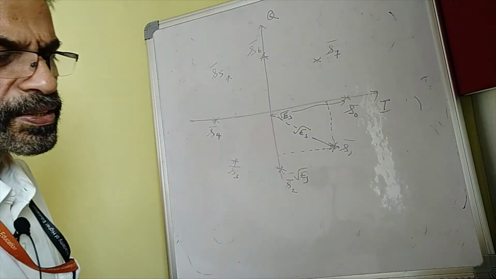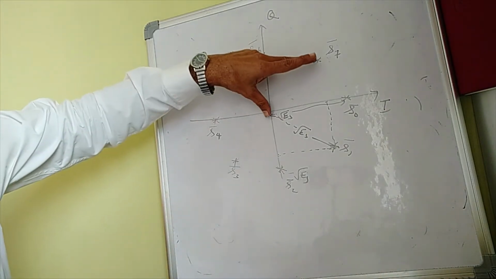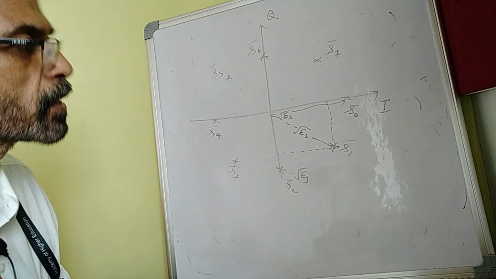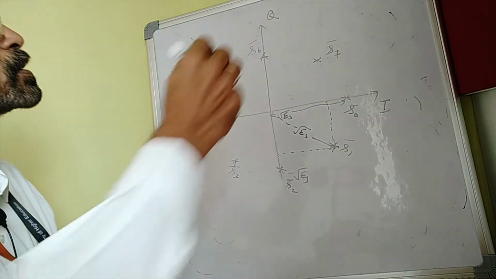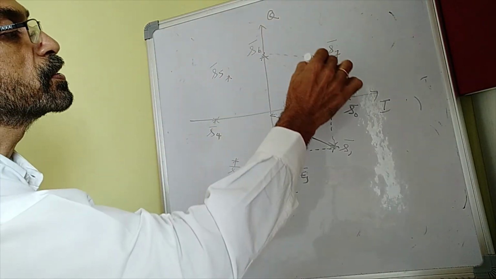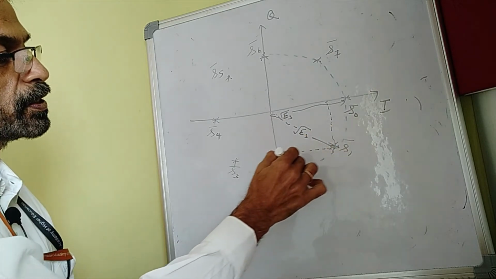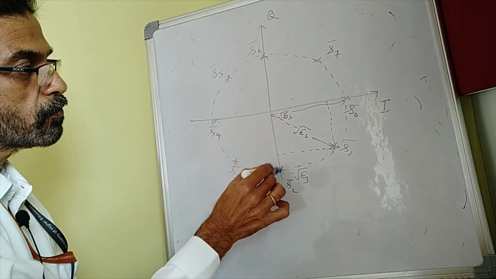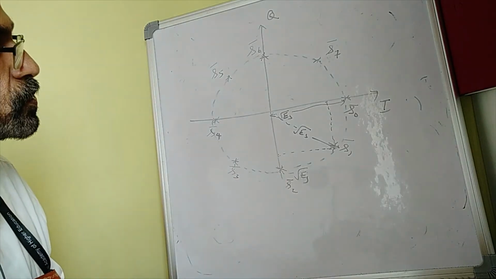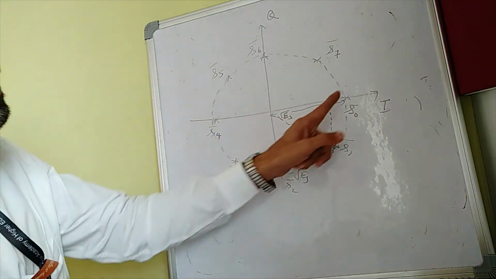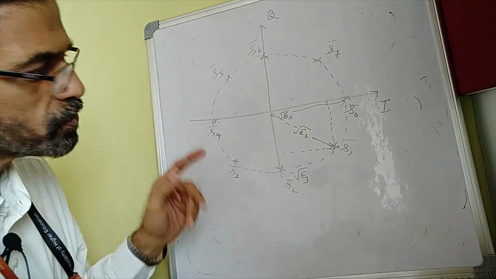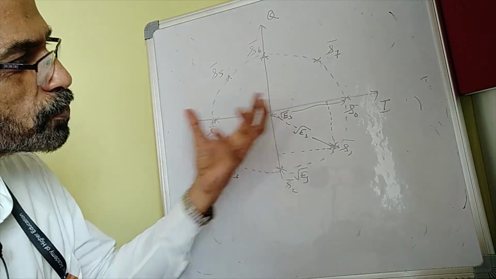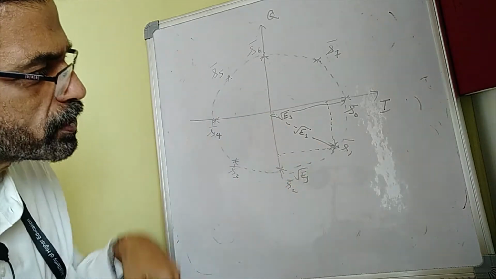And you can see that since the distance of each of the signal points from the origin is root Es, these points will lie on a circle of radius root Es on the signal space. And of course that was the case with QPSK as well, but it's more visible here that these points lie on a circle.